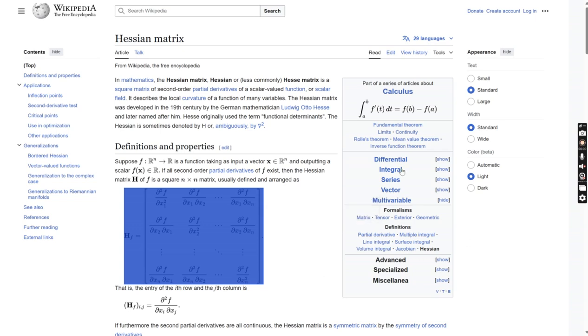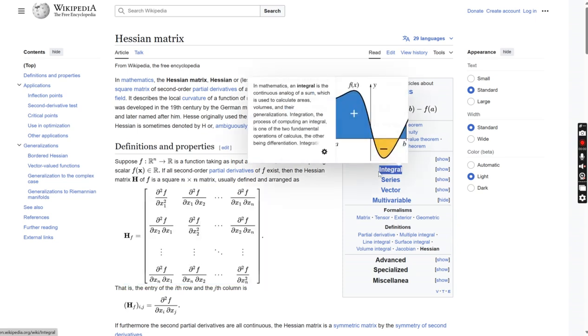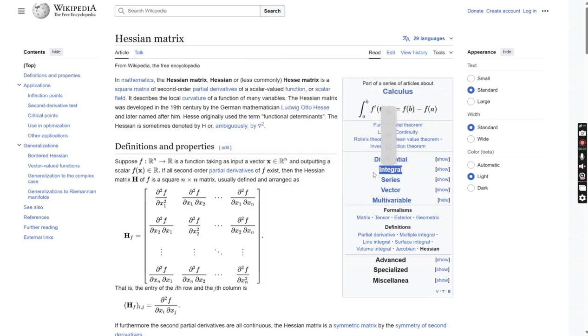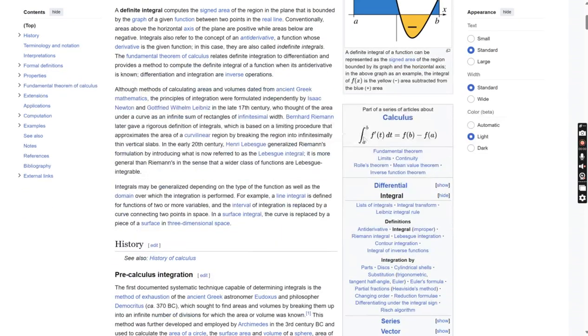Integration means if you start adding small, minute parts, how much will they increase? That is what integration talks about. Basically, if you integrate a function from a smaller portion A to an upper portion B, how much this function will differ, how much it will increase, is what integration talks about.